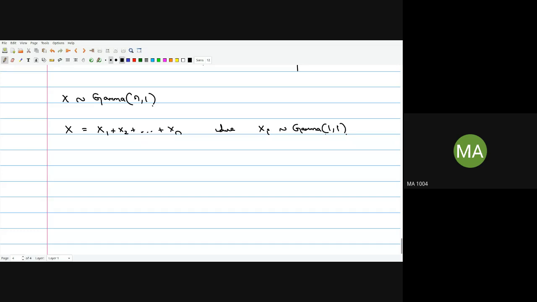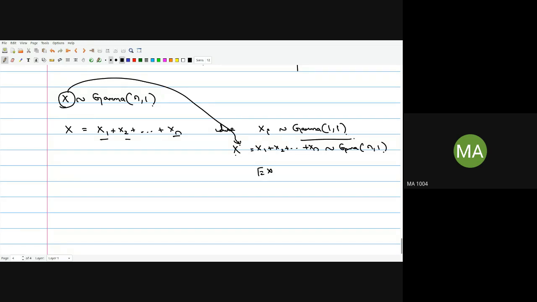If each of the x's is following gamma 1 comma 1, then x1 plus x2 plus and so on to xn will follow gamma n comma 1, which is what x is following. So we have just broken down this random variable x into a sum of n random variables, and each of them is following gamma 1 comma 1.